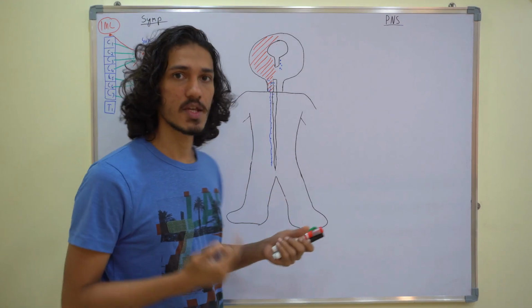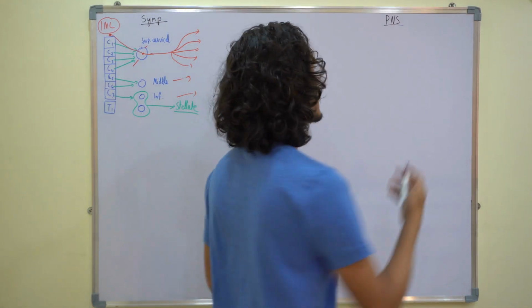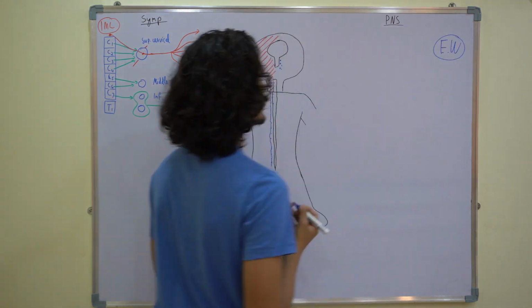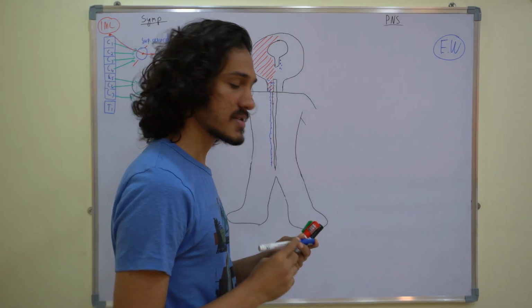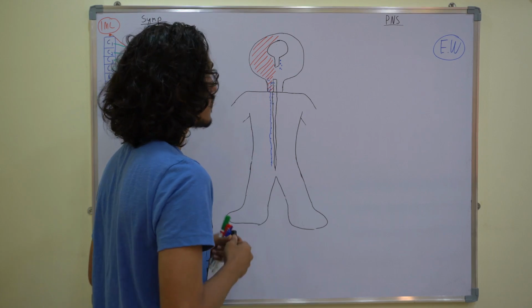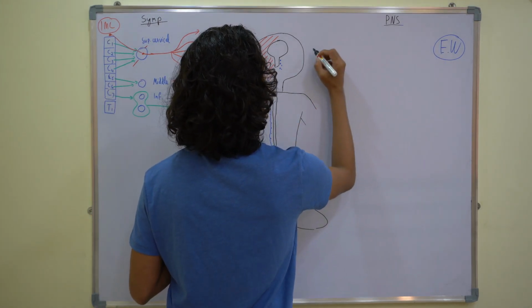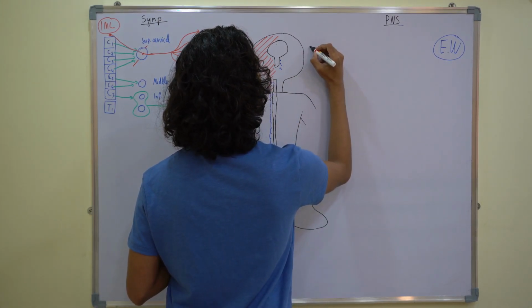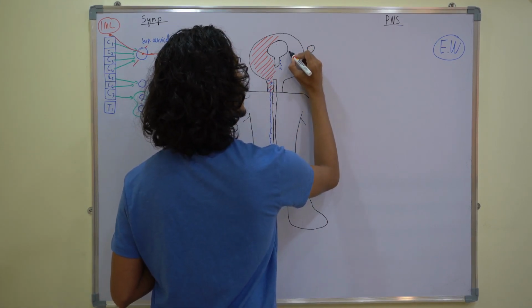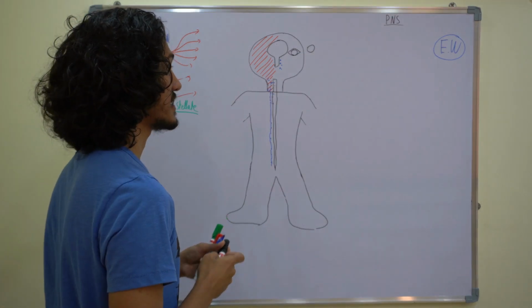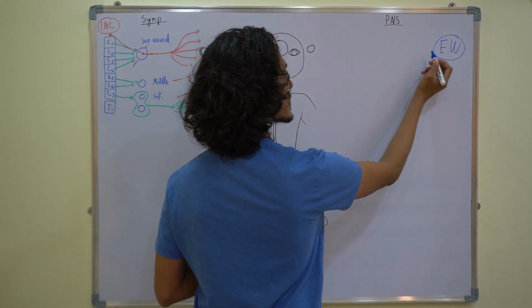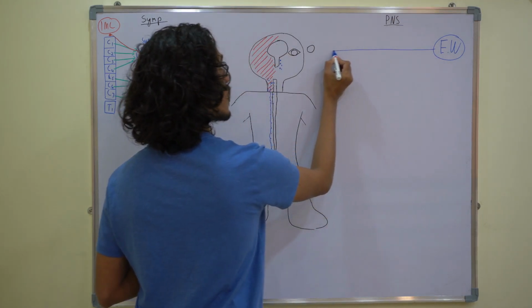So the first thing is your Edinger-Westphal nucleus, right? This Edinger-Westphal nucleus is going to supply a ganglia which is close to your body, pretty much close to your eyes. So from the Edinger-Westphal nucleus, preganglionic segments are going to go all the way like this.